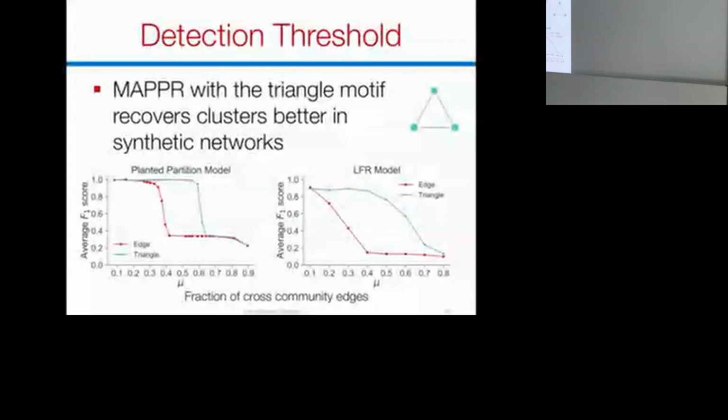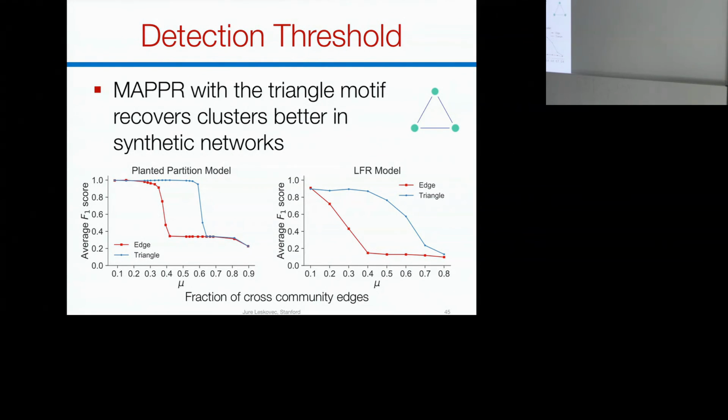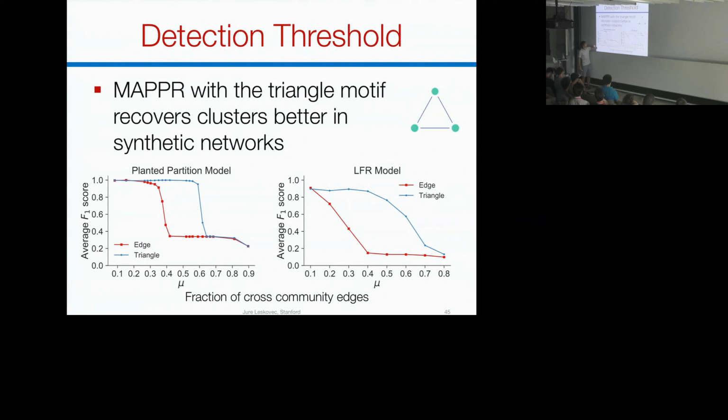So what I'm trying to show here is, the parameterization of mu is not exactly as I drew it here, because it doesn't go all the way to 1. But the point is the following. If you have an edge-based method or a triangle-based method, the question is how well, here in terms of F1 score, can you detect the clusters as you increase the density of these cross-cluster connections.